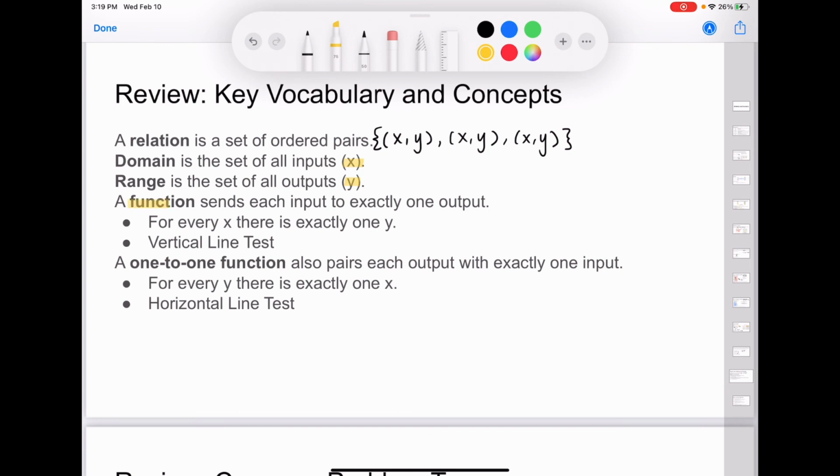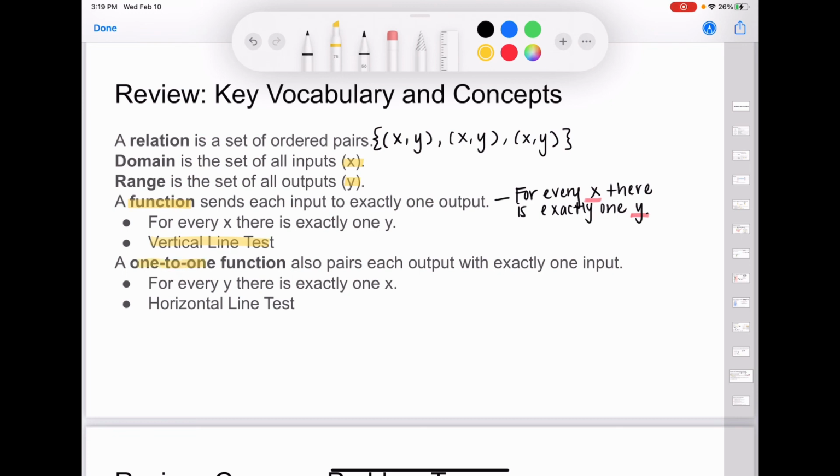And then we looked at a function. A function sends each input to exactly one output, or more specifically, for every x, there is exactly one y. And we could use the vertical line test to test this when looking for if a graph is a function.